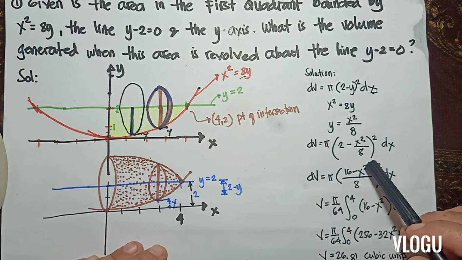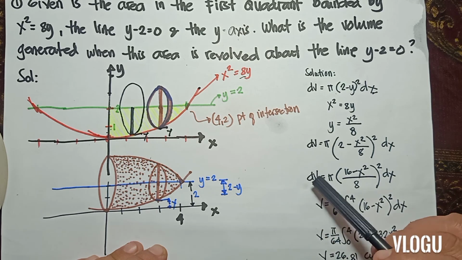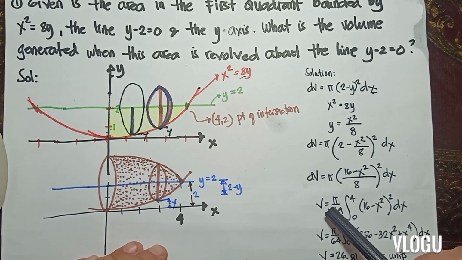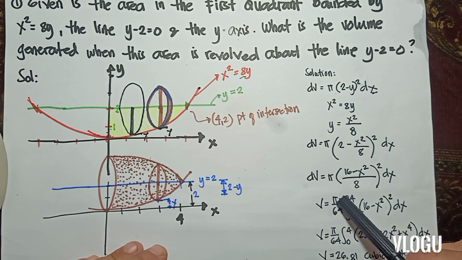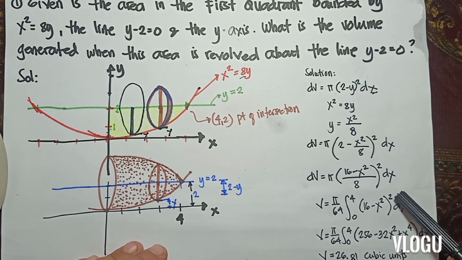So dV, therefore, LCD, so 16 minus x squared over 8 squared dx. So integrate both sides. So therefore, you will have V is equal to pi over 64. Why 64? Because that is 8 squared. So 64, 16 minus x squared, that is, you will have 256 minus 32x squared plus x to the 4th dx.